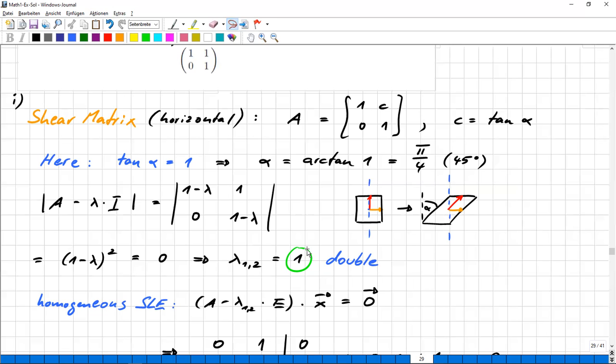In this example, we will find only a so-called eigenline, which corresponds to one direction for eigenvectors to this eigenvalue, although this is a double solution of the equation. So this is not a surprise. It can happen. Sometimes it happens, sometimes it doesn't. Of course, there are certain attributes of the matrix which decide whether it happens or not, but it's not so important at the moment. Just a second.